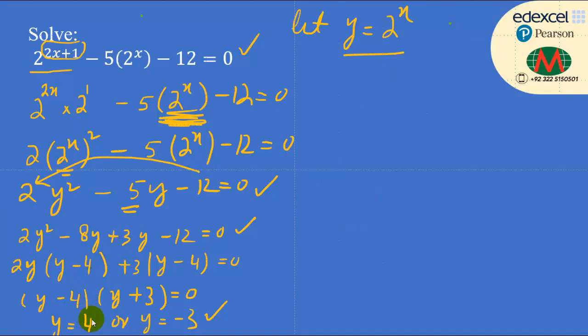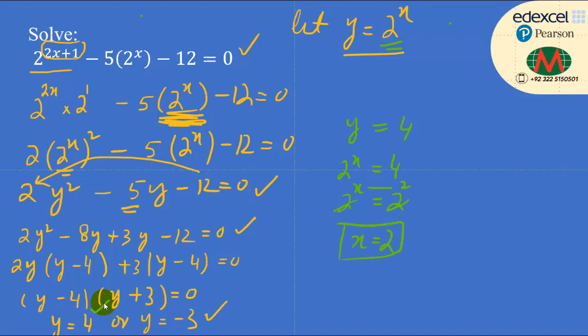Now using the first one, y is equal to 4. We have taken y as 2^x, so 2^x is equal to 4, and we know that 4 is 2 squared. Now the base is the same, so comparing these powers, the first solution is x is equal to 2.